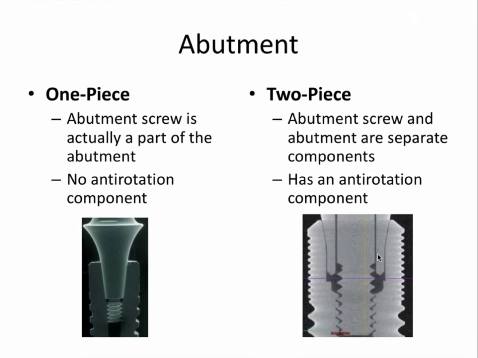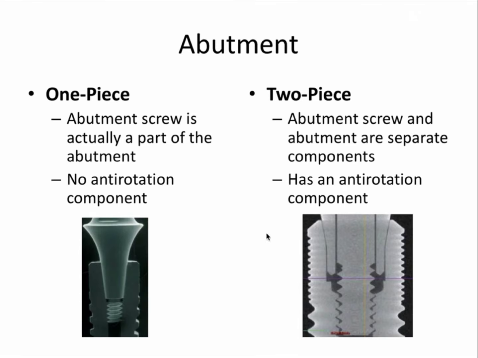And so in the cross-section image here, you can see the outside of the abutment, which is here and here, interfaces with the implant body, which is this part here and this part here, and the screw, the abutment screw, that drills down the center of both the abutment and the implant body.